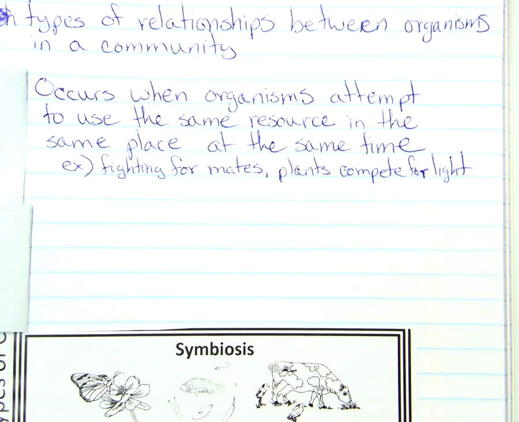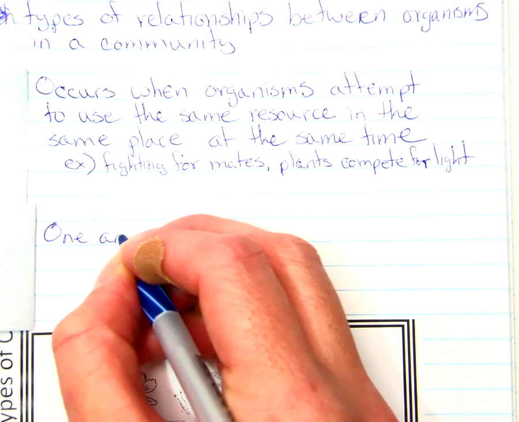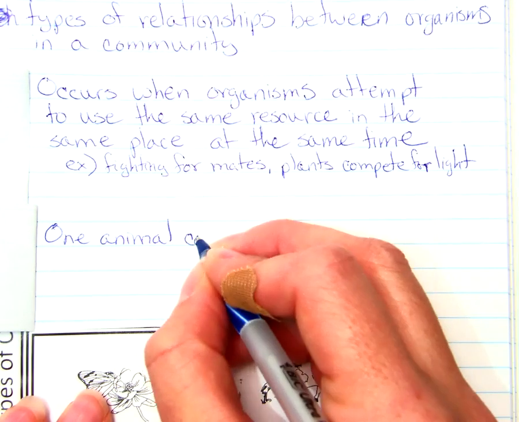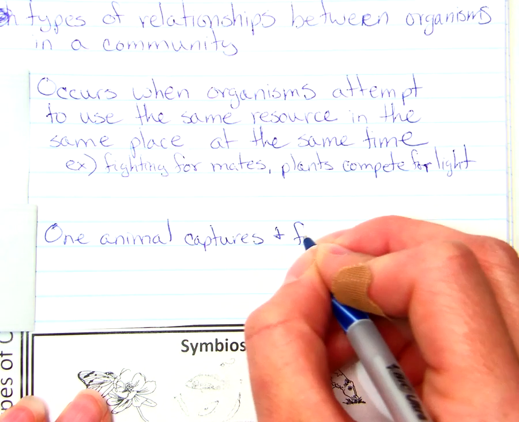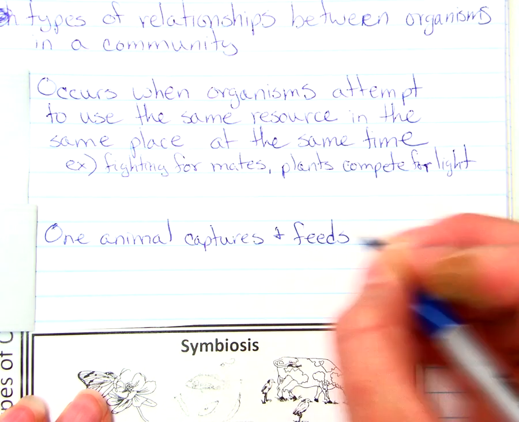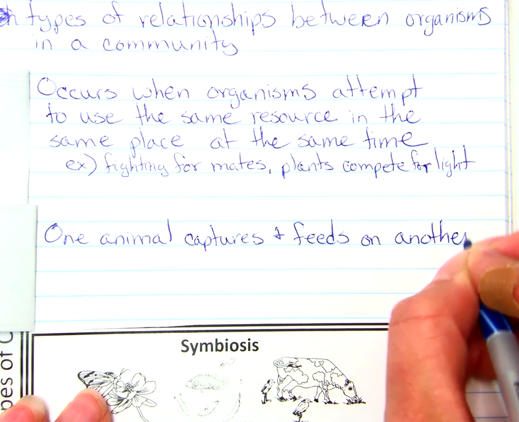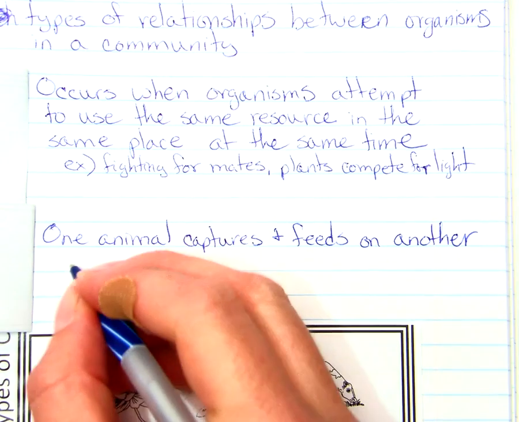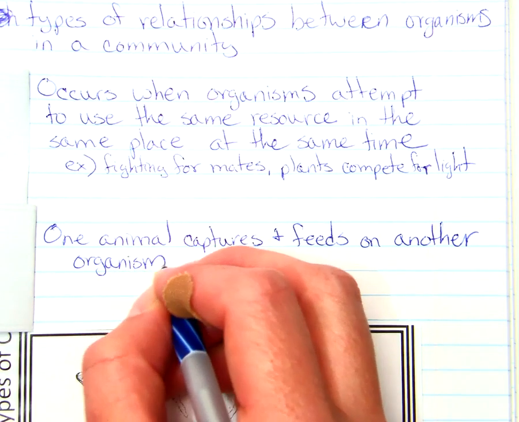So our definition for predation: one animal captures and feeds on another organism.